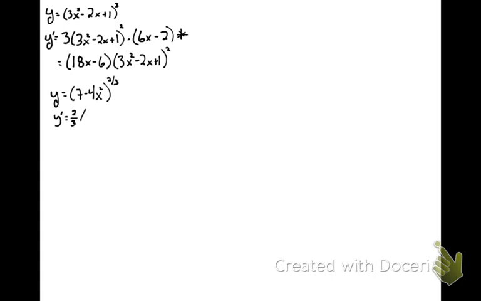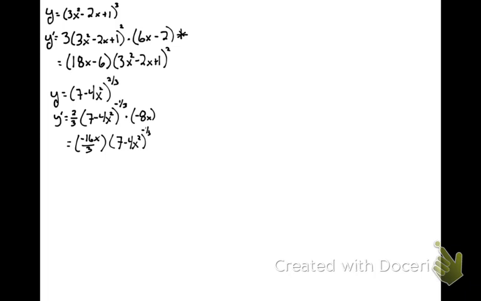So bring the power down by the power rule, 2/3 times (7 - 4x^2), decrease the power by 1 to the negative 1/3 power, times the derivative of the inside, in this case negative 8x. This I'll clean up a little bit. This is negative 16x over 3 times (7 - 4x^2) to the negative 1/3.